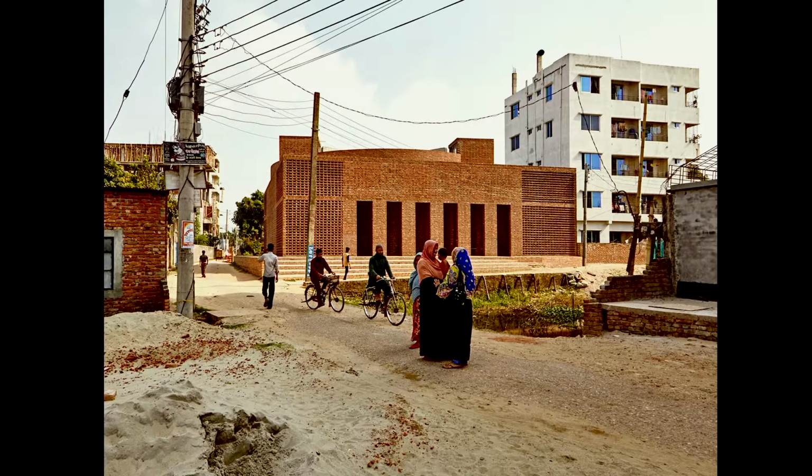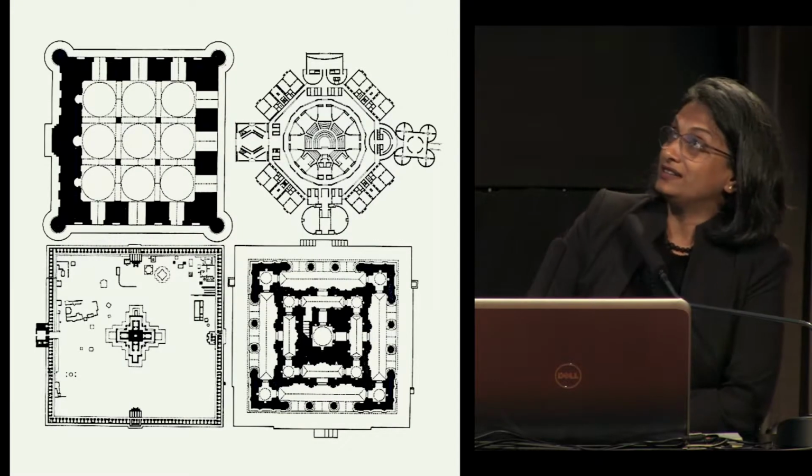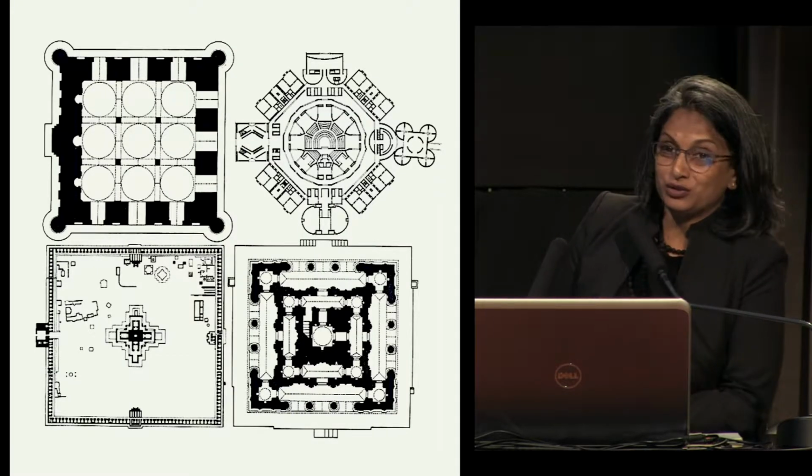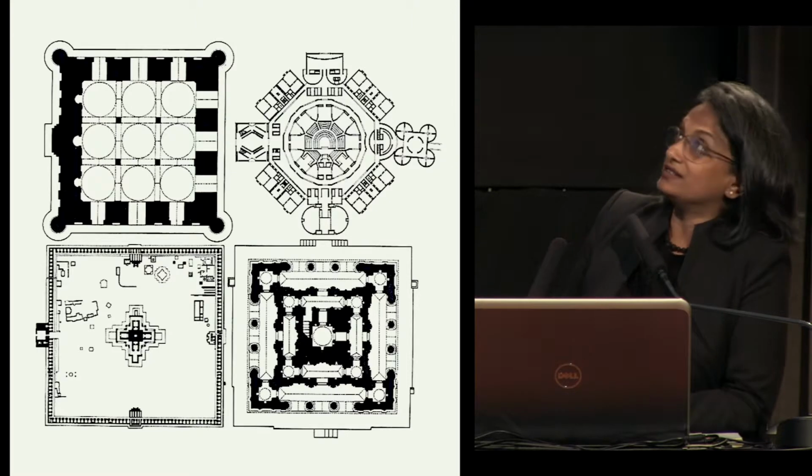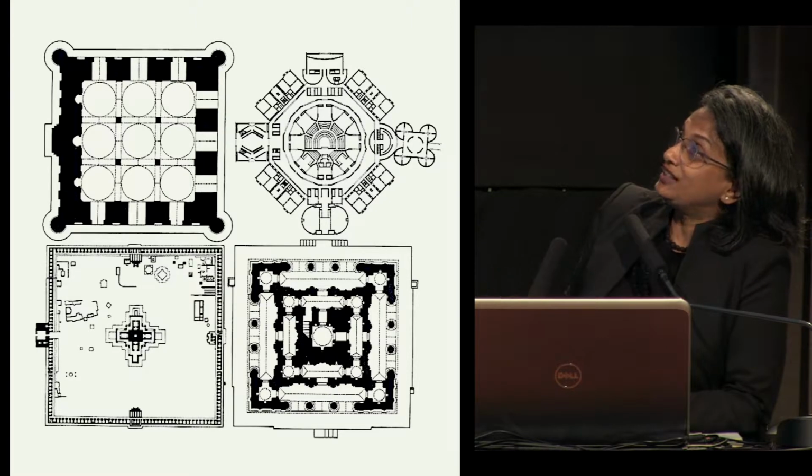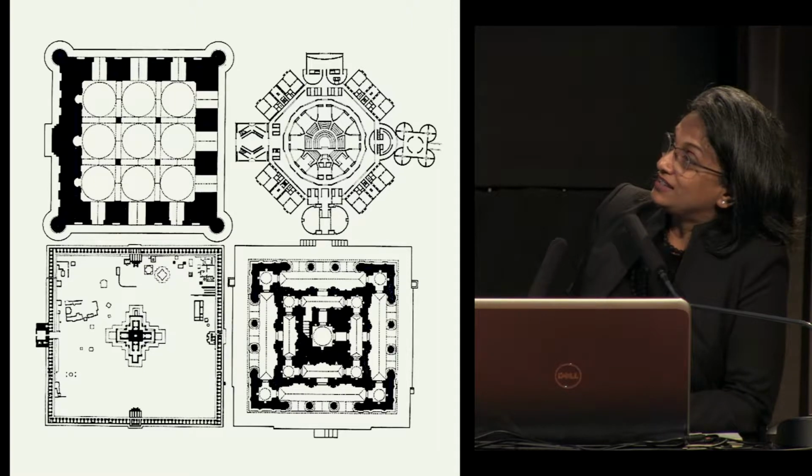So what you see here, the landscape in transformation, you see construction going on all around. And that's why it was important for me to create that atmosphere. So these are some of the plans you see.